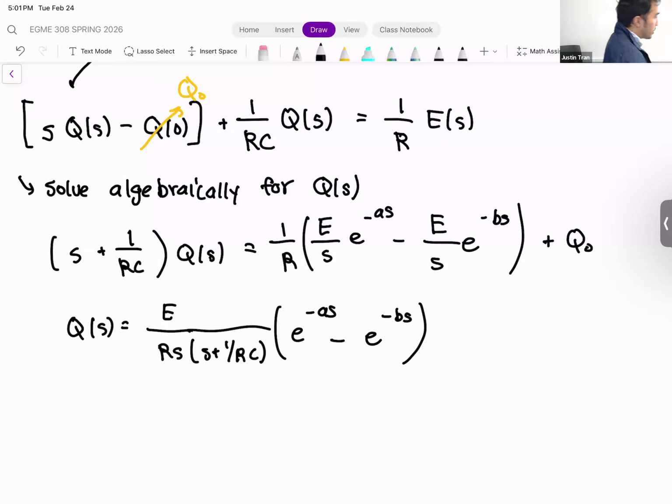All I did for that first term was factor out like terms so that both terms have an E over s, and I divided by s plus 1 over RC, plus q naught divided by s plus 1 over RC.